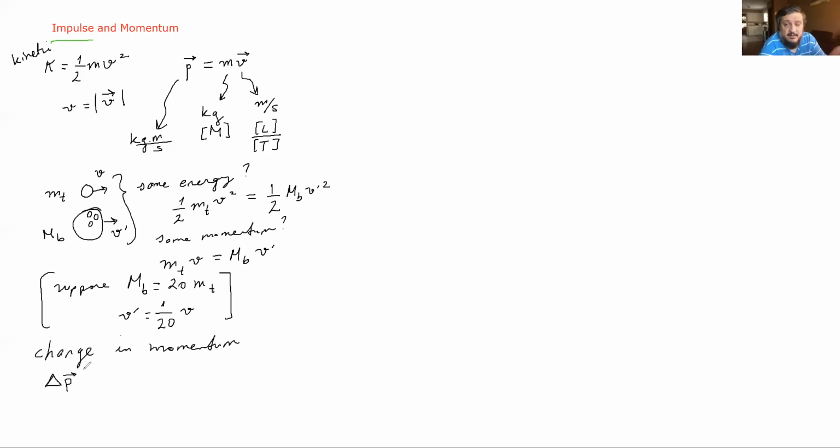P later minus P before, or P final minus P initial, okay? There are various notations here. For now, I'm just going to write P final, let's use F, P final minus P initial, okay? Two separate instances, all right?